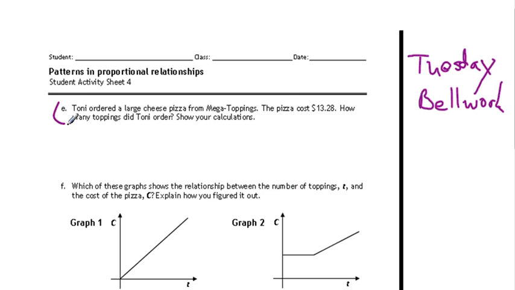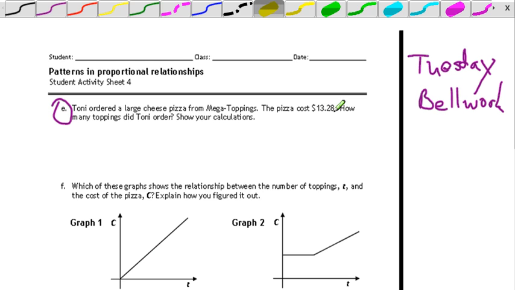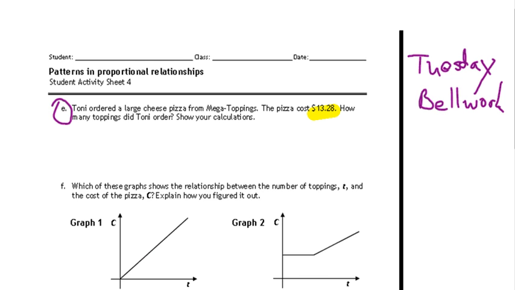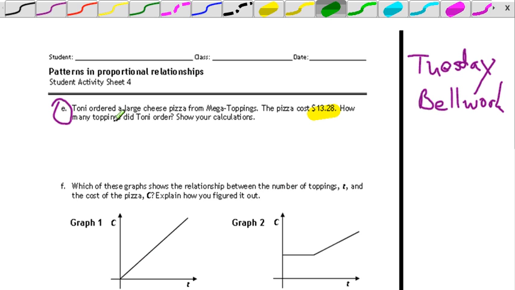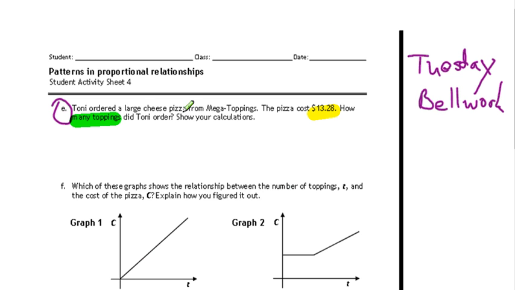Part E. Tani ordered cheese pizza from Mega Topping. It cost $13.28. How many toppings did she order?